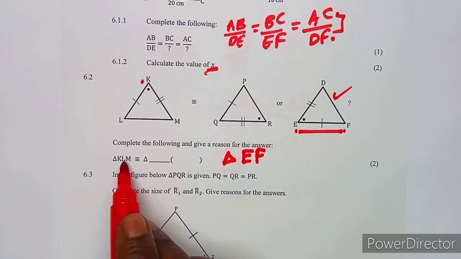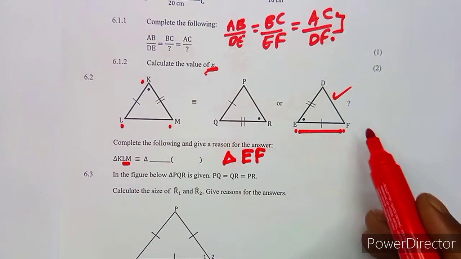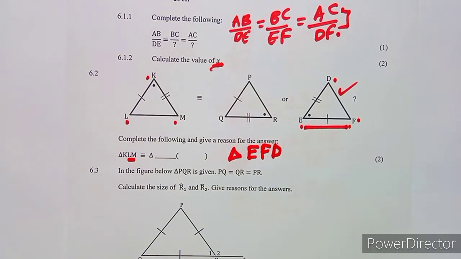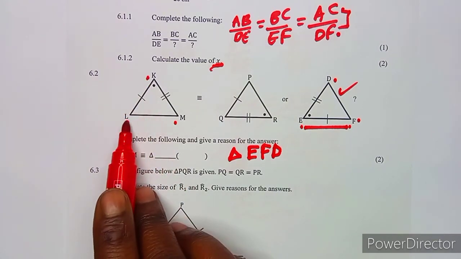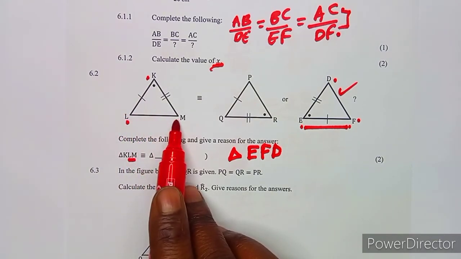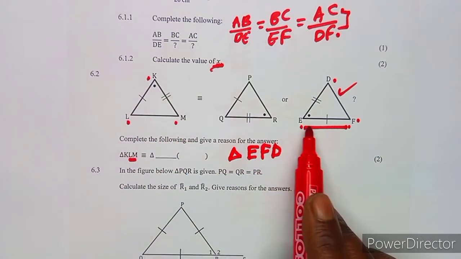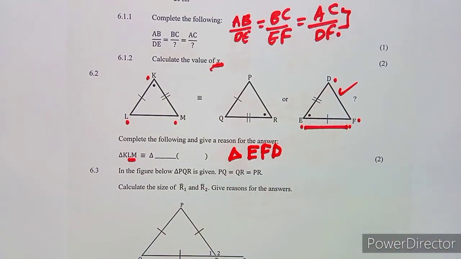Then LM, which is a continuation from this angle, L to M, which is F to D, so it's going to be FD like this. So it's going to be triangle EFD, triangle KLM. Take note, guys, we are talking about from K to L to M, according to what we are given. From K to L to M, from E to F to D. That is what's supposed to be the case.